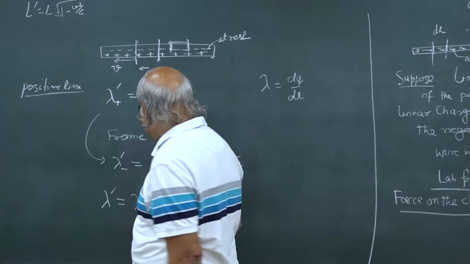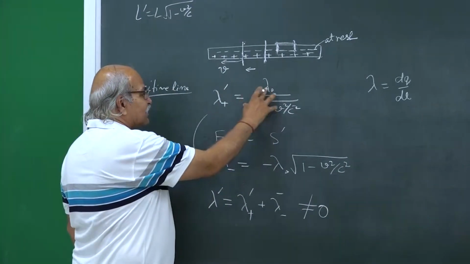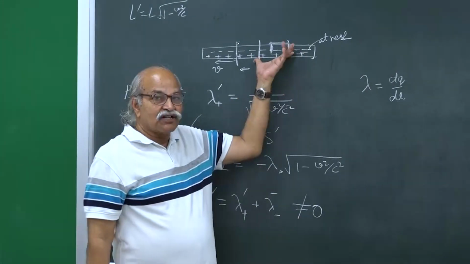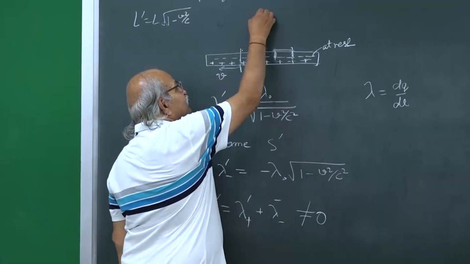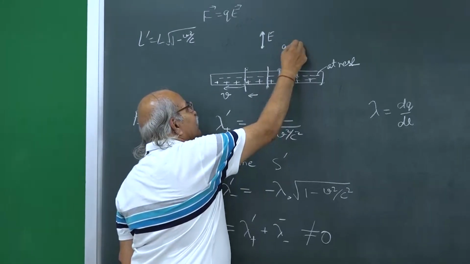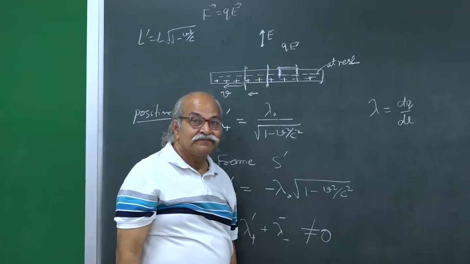If you look at this, the positive charge is larger, the negative charge is smaller, there is a net positive charge. If there is a net positive charge, there will be an electric field in this direction, and therefore, there will be a force in this direction, and therefore, it should go up, it should accelerate up.